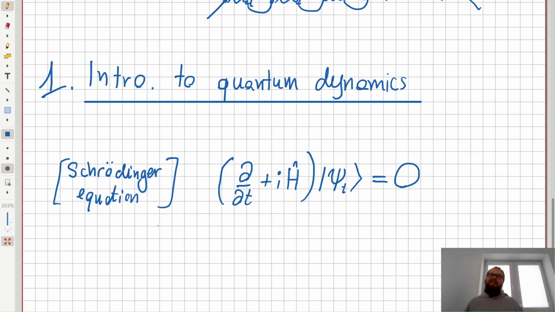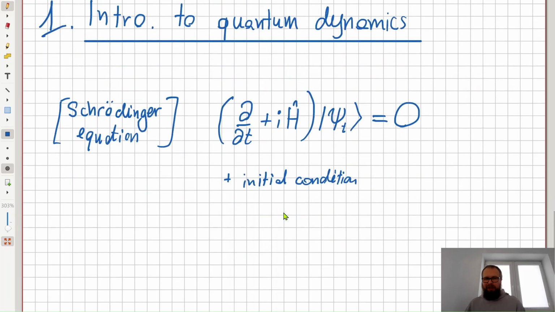That's the form of the Schrodinger equation I want to present to you. And that's not all. This is just an equation. You have to add an initial condition. This is a differential equation, so an initial condition is required. Our initial condition will be psi of t0 equals ket omega.